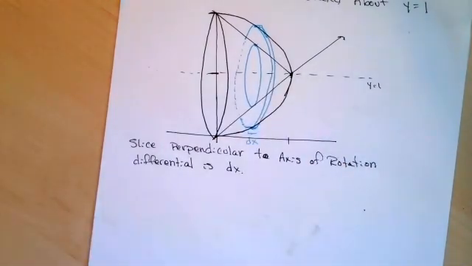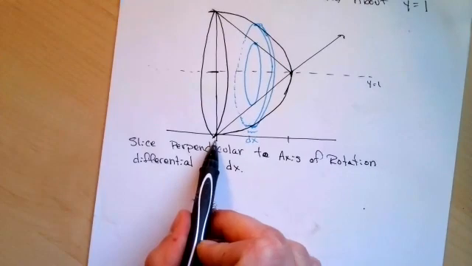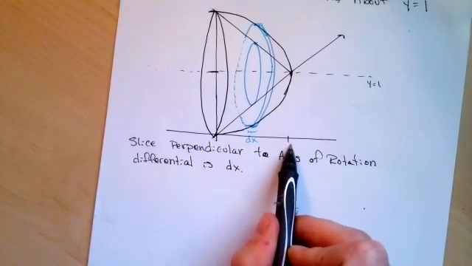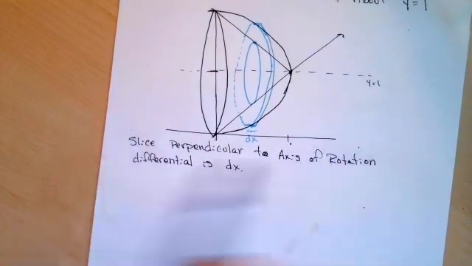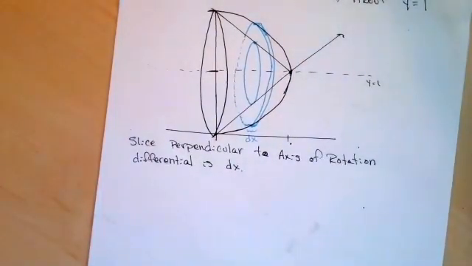Conversely, in the last example, we had the y-axis, which is x equals 0. We could rotate about x equals 1, x equals 2, any x value. That would give us a vertical axis of rotation, which means we would then slice up horizontally along the y-axis, giving us dy.